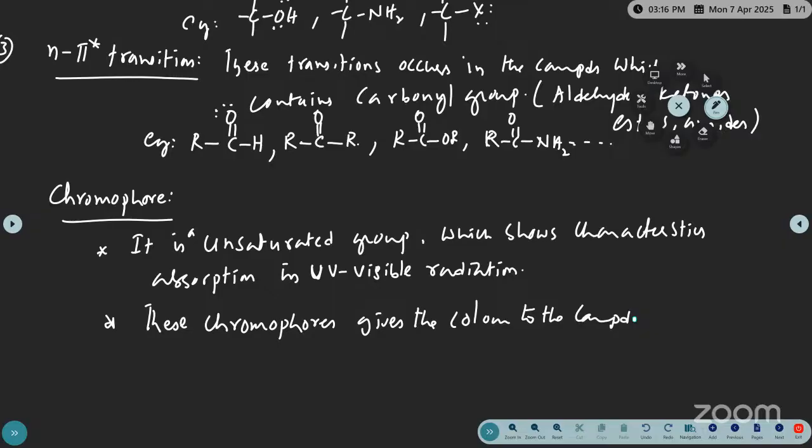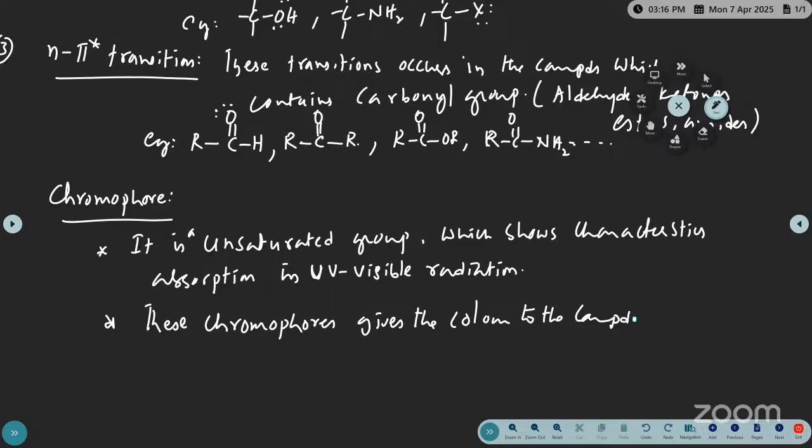Brown color. Okay, and copper sulfate solution, blue color. Potassium dichromate, which color? Pink color. Potassium chromate, yellow color. So these colors are exhibited by the presence of chromophores. Chromo means color.